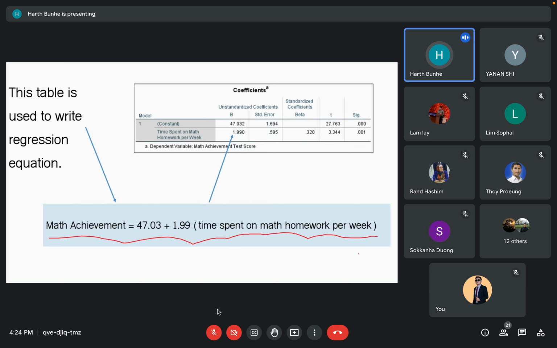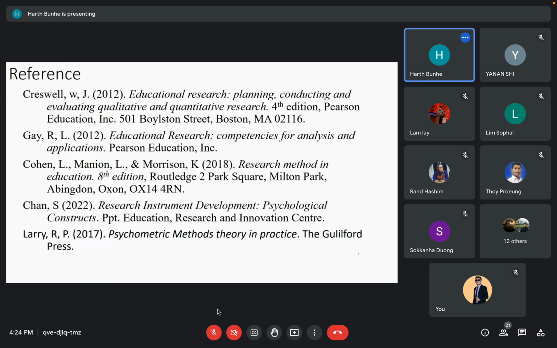Here's the regression model and regression analysis. That's all for the content that I want to share with you for this course.